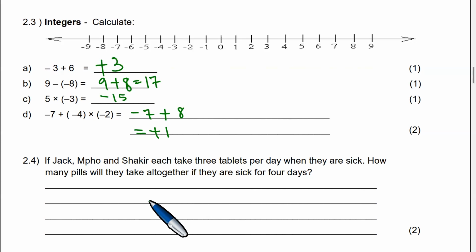How do I explain? Are you able to see the question? Yes, sir. Okay. So they take 3 tablets per day. That means you have to multiply 3 times 4 to get the answer.